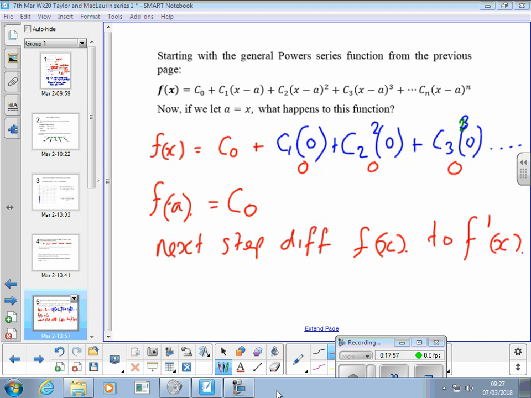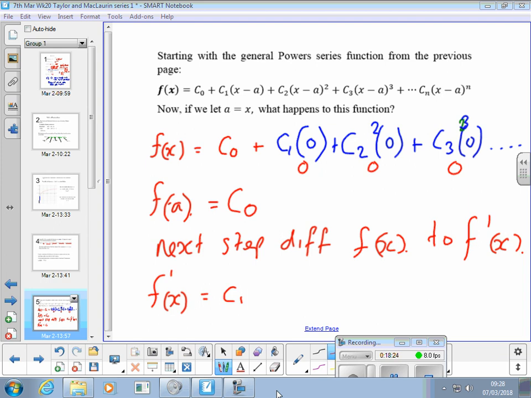So if we differentiate that function, what do we get? Differentiate a constant, what happens? It disappears. Differentiate a constant times x, what are you left with? c1.